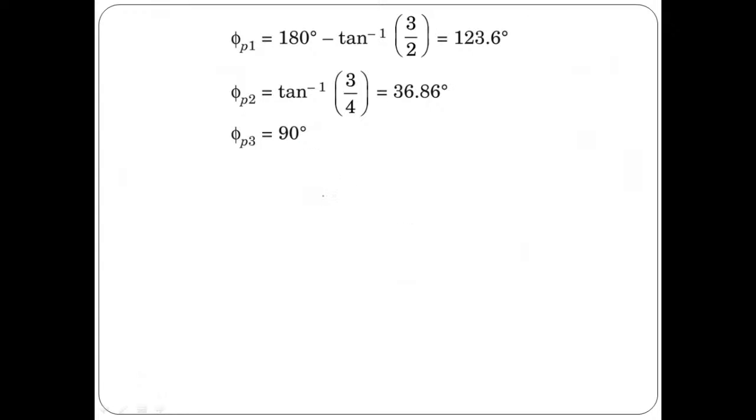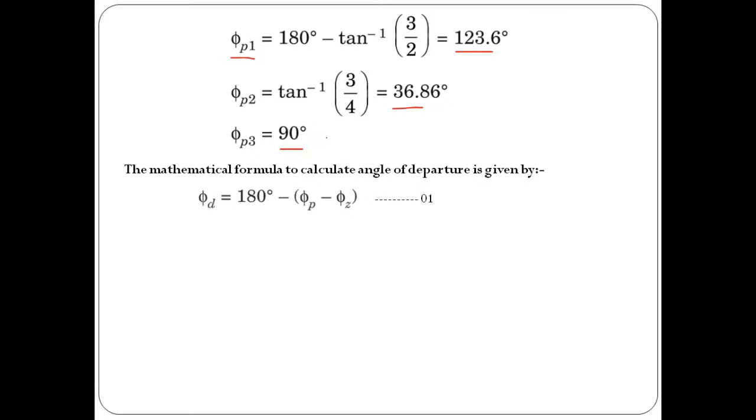So finally phi p1 is going to be 123.6, phi p2 is 36.86, and phi p3 is nothing but 90. Then calculate the angle of departure. The mathematical formula is 180 minus phi p minus phi z. So phi p is the effective angle of phi p1, phi p2 and phi p3.